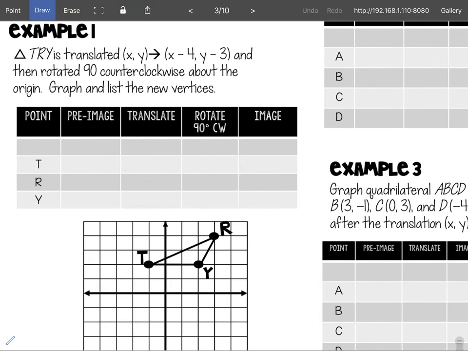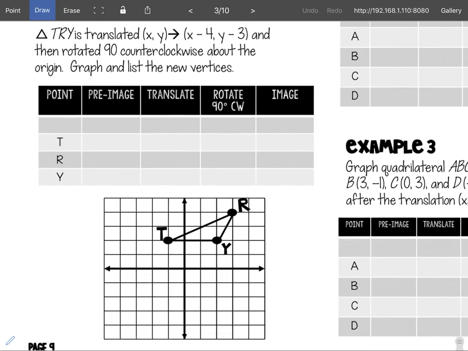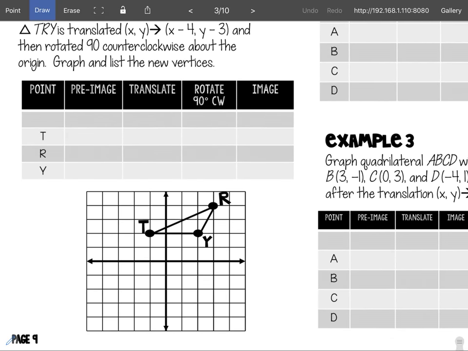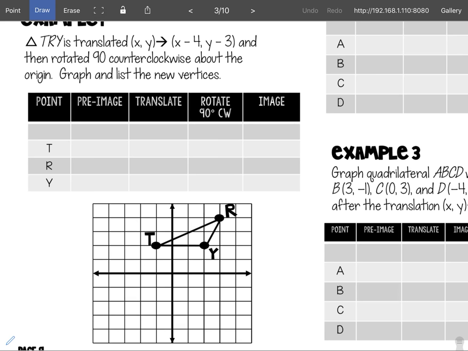So this one right here, example 1. See if I can fit all this on here better. If you read this up here at the top, it says you're going to take triangle TRY and translate it under this rule.